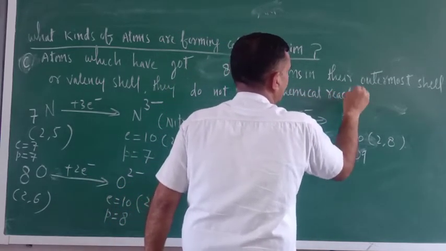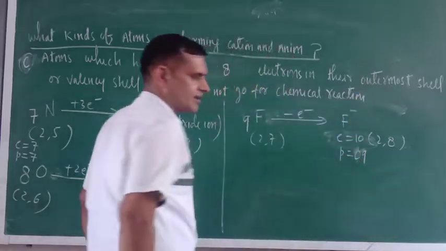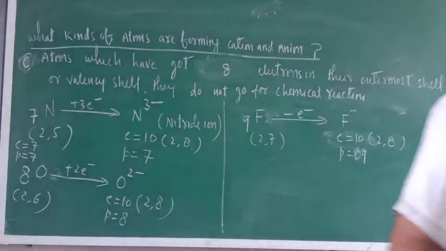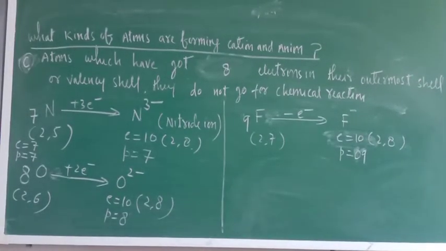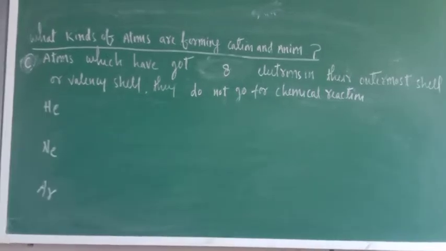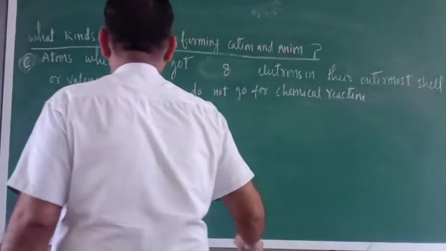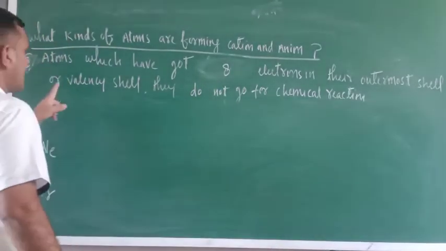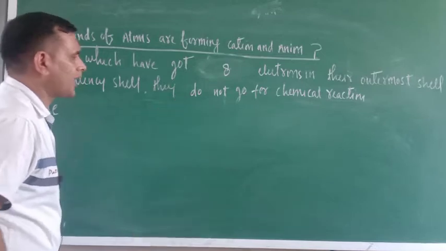They will not go for chemical reaction. Okay, just see here examples: helium, neon, argon, krypton, xenon, radon. So atoms which have got 8 electrons in their outermost shell or valence shell do not go for chemical reaction.